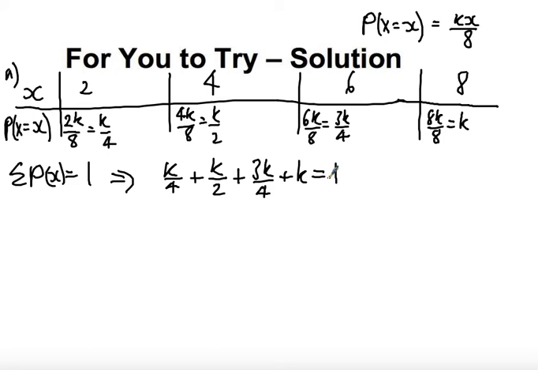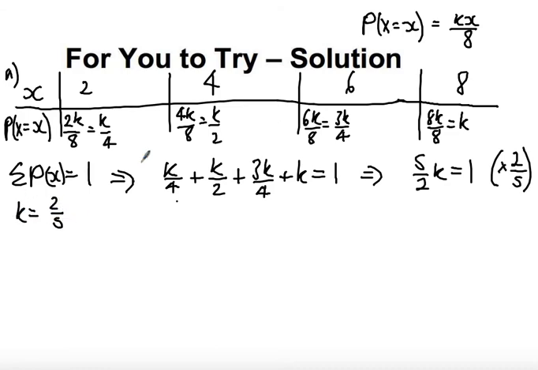Now when we simplify this, we get that 5 over 2 k is equal to 1. And so if we times by 2 and divide by 5, we get that k equals 2/5, which when substituted into this would give a probability of 1/10.